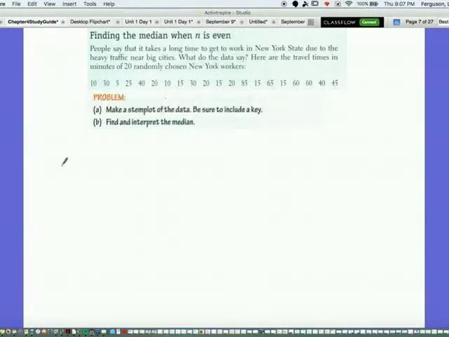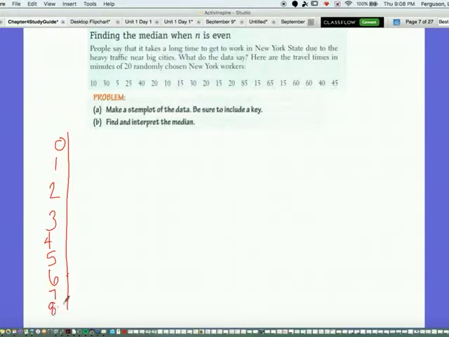The first thing I should do is make a stem plot. I see that I have 2-digit numbers except for my single digit 5, so I'm going to let one of my stems be 0, and then have a stem for my teens, a stem for my 20s, a stem for my 30s, a stem for my 40s, 50s, and 60s.